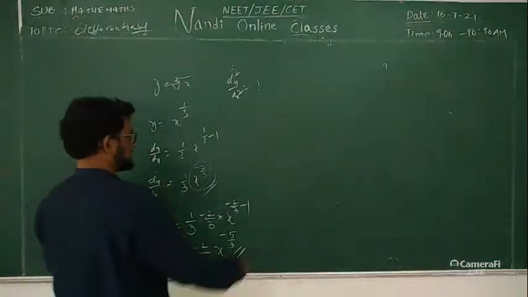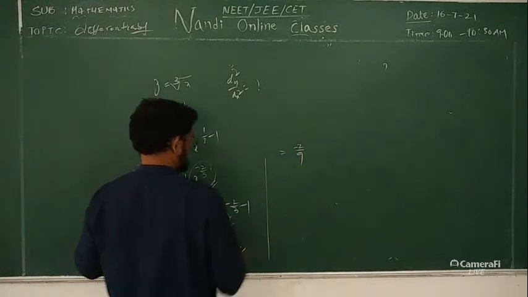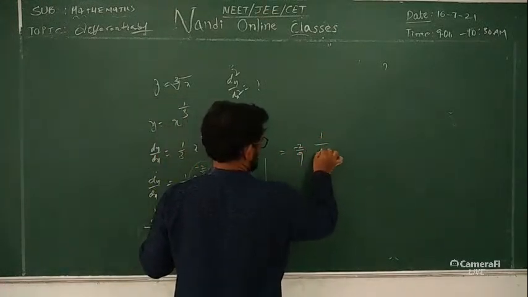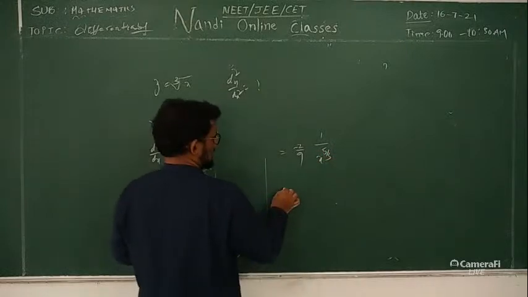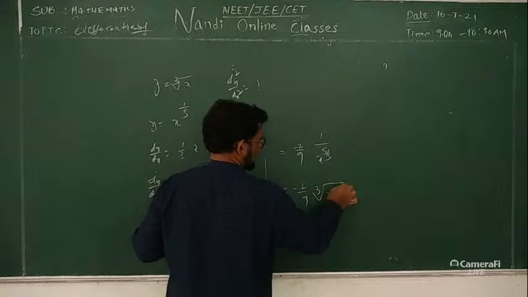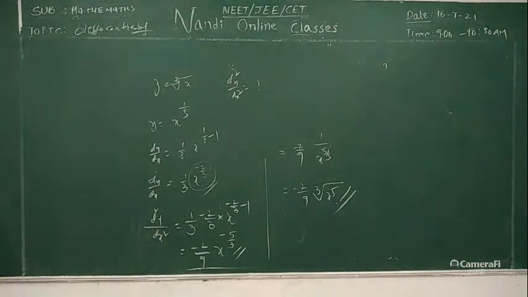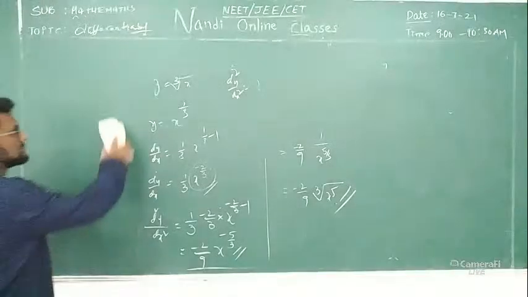Also we can express the same structure as minus 2 by 9 times 1 by x power 5 by 3, or else minus 2 by 9 cube root of x power 5. Also we can express it like this.